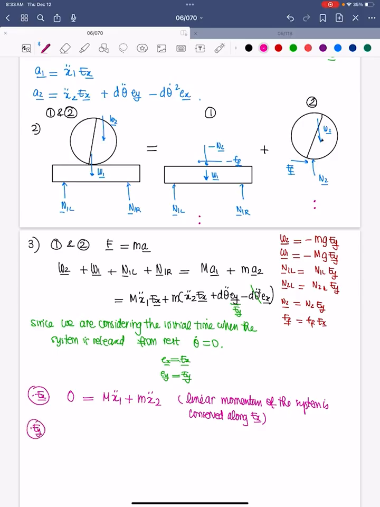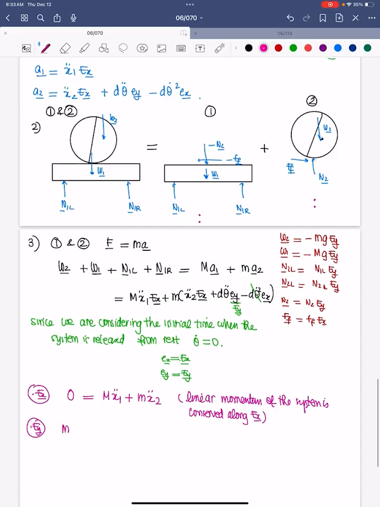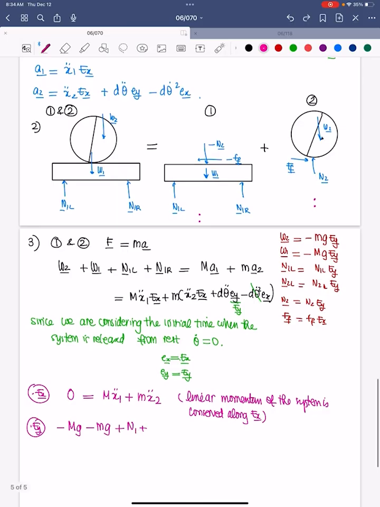And if we dot with Ey, we will get minus big Mg minus small mg plus N1L plus N1R is equal to m d theta double dot, or that's the alpha we want to find.